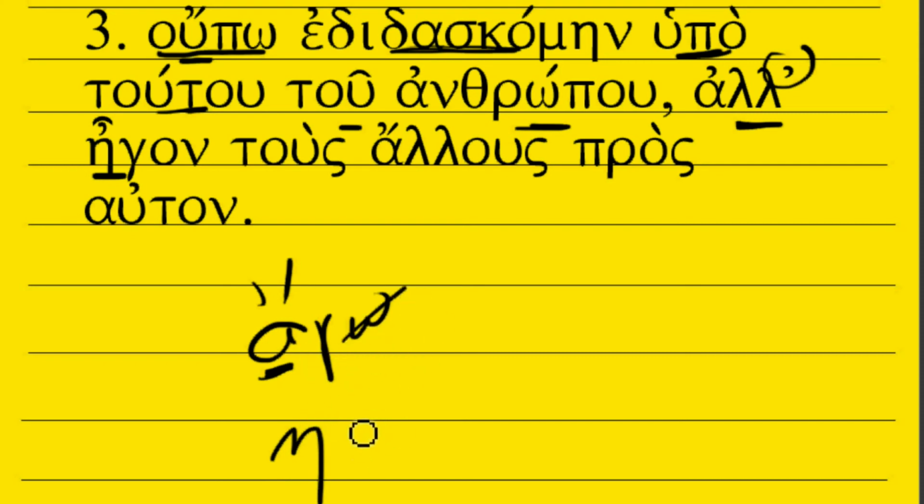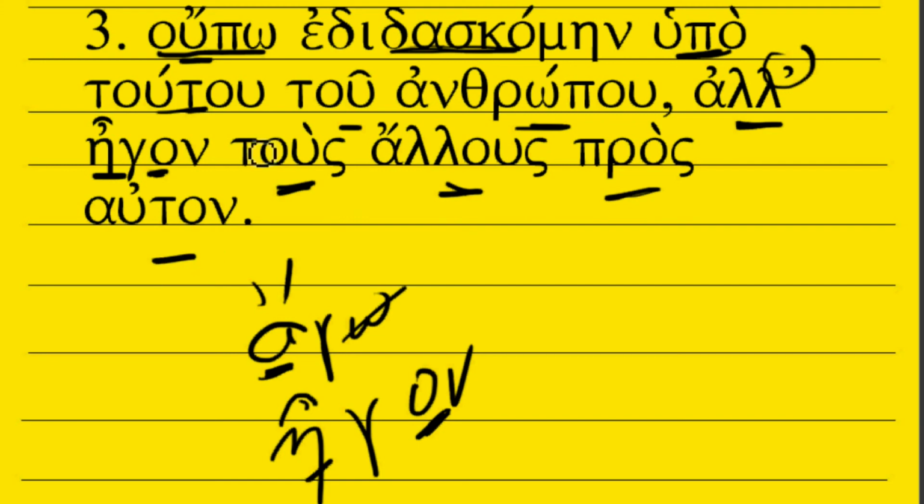Then we put the ending on, which is the imperfect active, first person singular, and I know that an omicron is short, so therefore I need to put a circumflex on the eta, because, of course, if the last syllable is short, a long accented penult must have the circumflex. So, but I was leading, tous allous, the others, pros auton, to him. I see I forgot my accent right there.